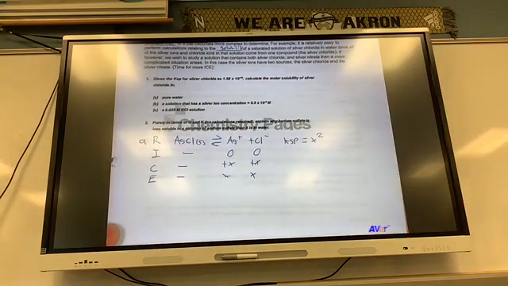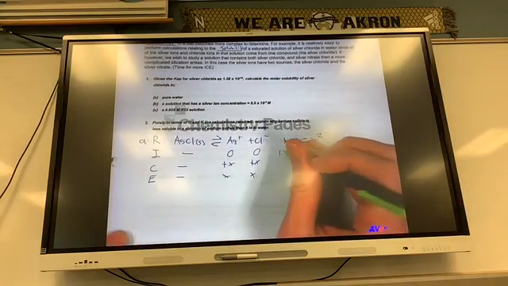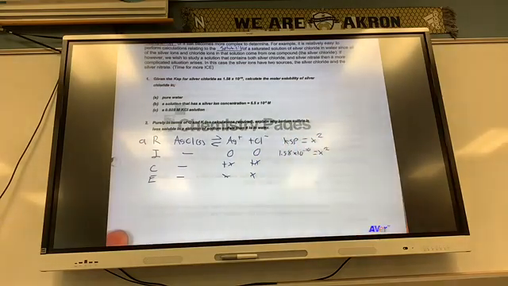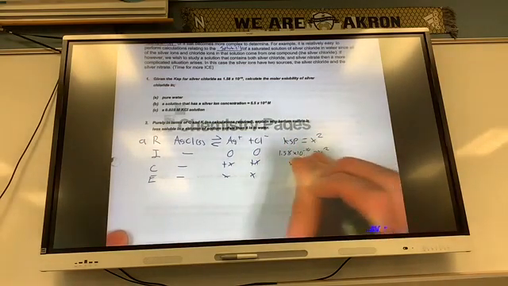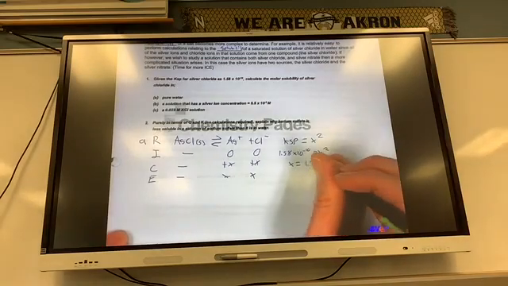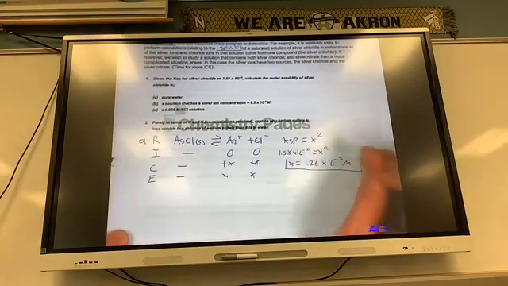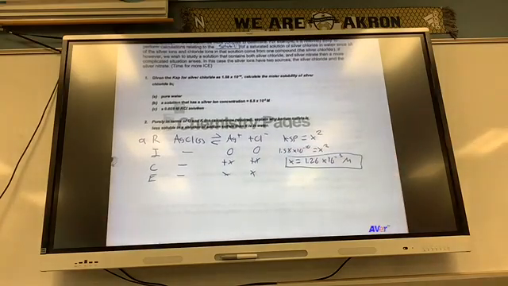X squared. Not 2x squared, just x squared. So that means that 1.58 times 10 to the negative 10th equals x squared. When you solve for x, you should end up with 1.26 times 10 to the negative 5th molar. So there is no common ion on this one.